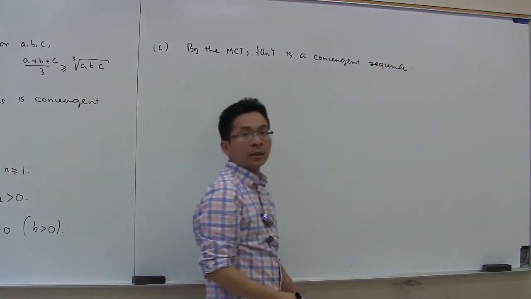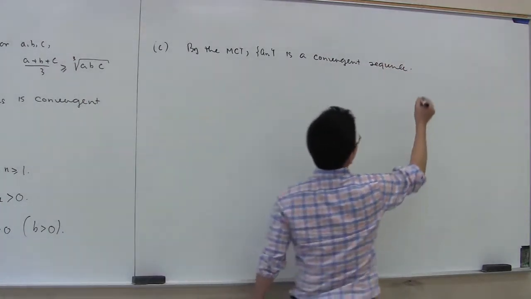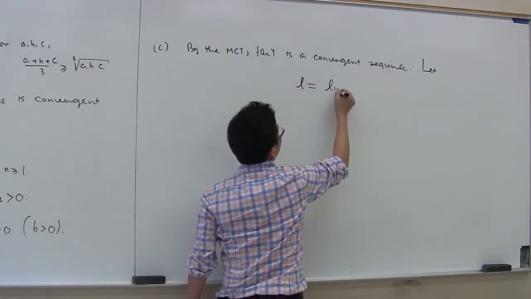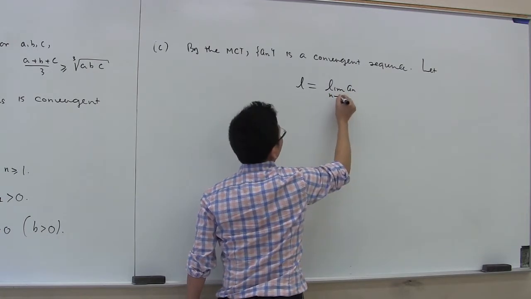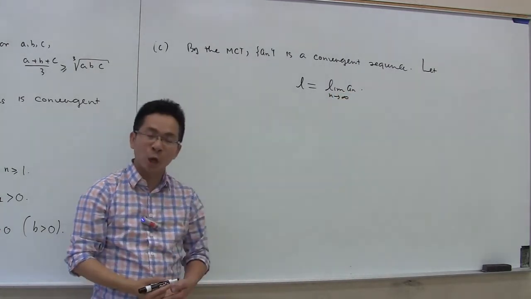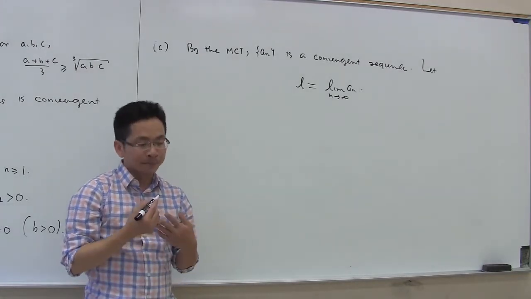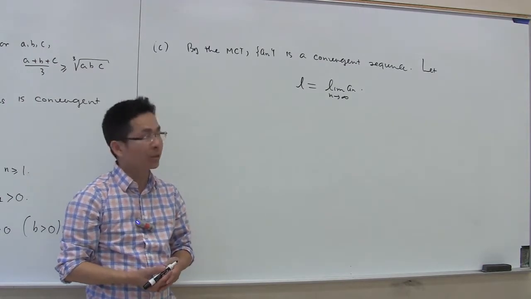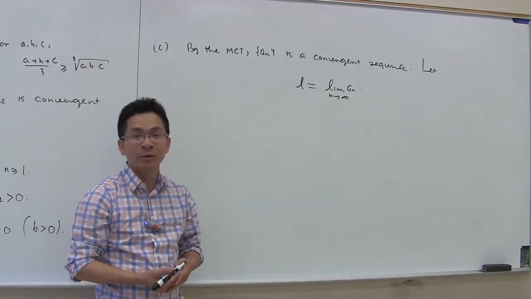Okay, and we can let L be the limit of an as n approaches infinity. Because we already showed that an is greater than or equal to 1 for all n greater than or equal to 2, by the comparison theorem, L is greater than or equal to 1.